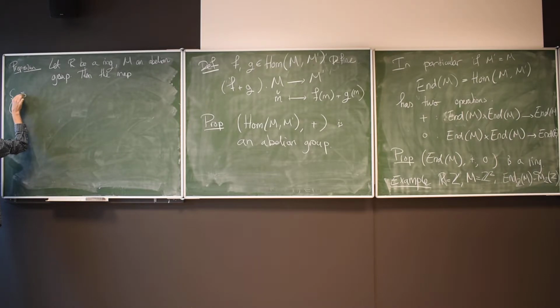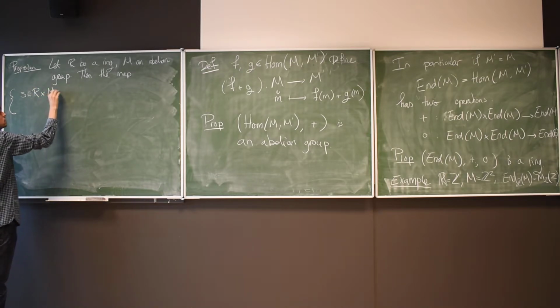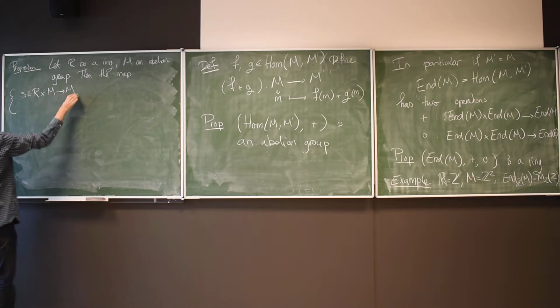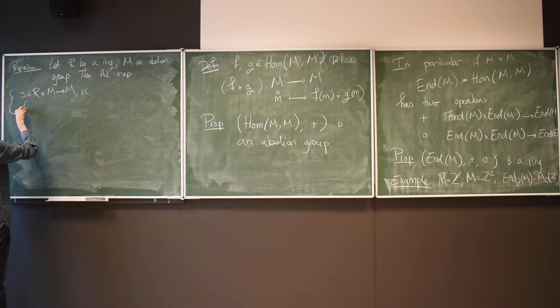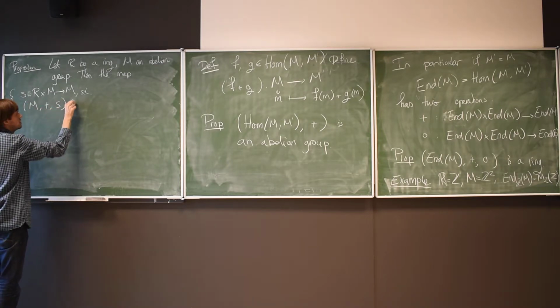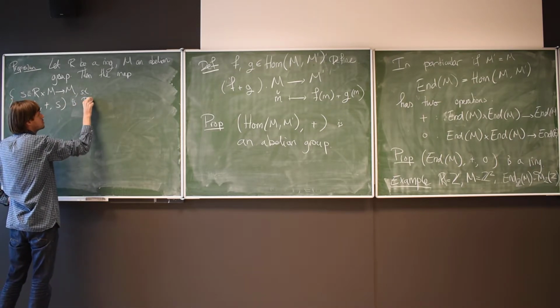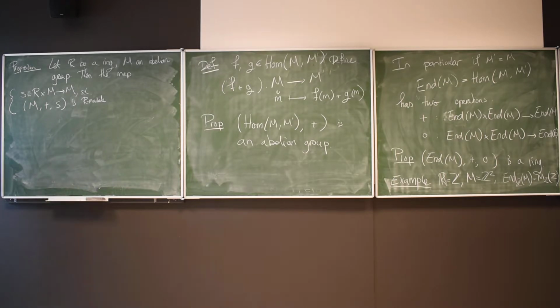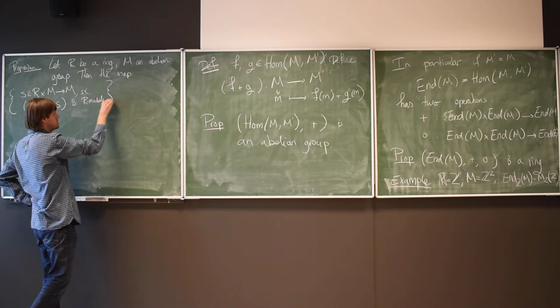coming from the set of all scalar products that I can define on M. So all maps S from R cross M to M, such that the triple M, plus and S is an R module, so satisfies those axioms that I introduced in the previous video.